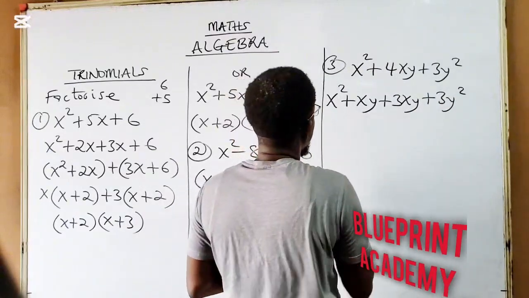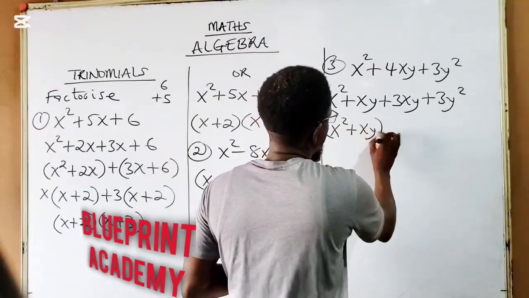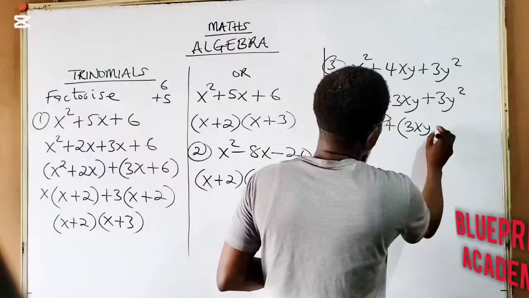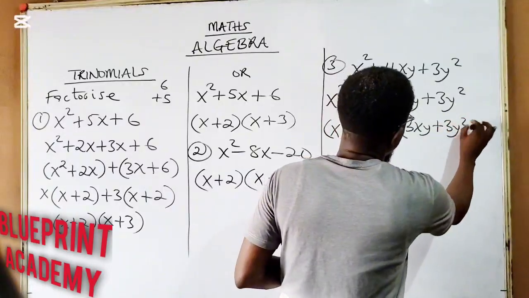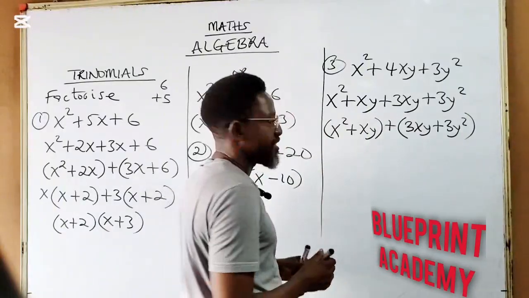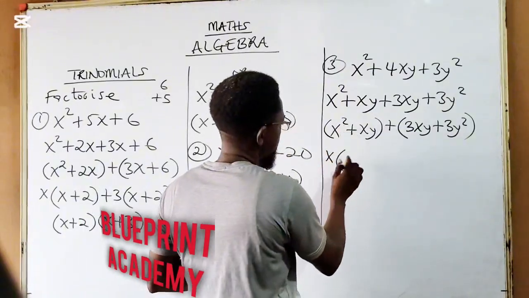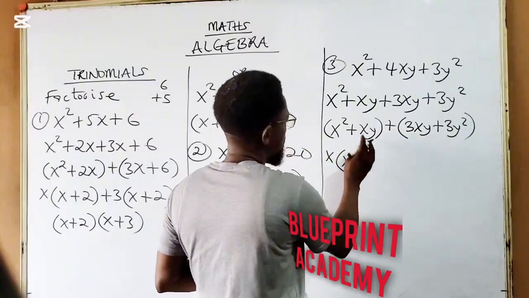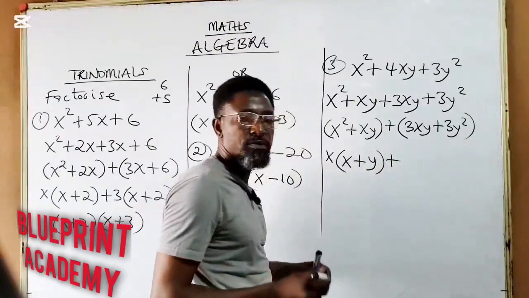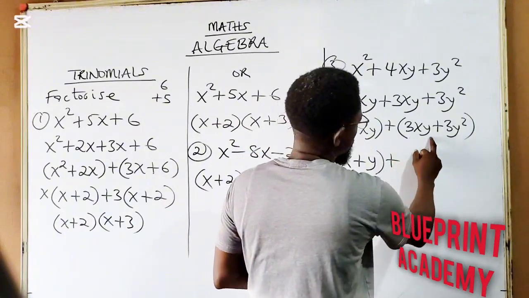So now we group this one. We get x squared plus xy, plus we group this, 3xy plus 3y squared. Now the common factor here is x. I bring out x as a common factor. x squared divided by x is x, plus xy divided by x will give us y. Plus, we bring out a common factor here, in this case 3 and y.